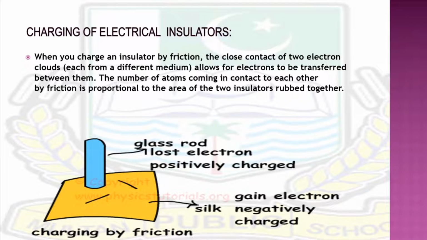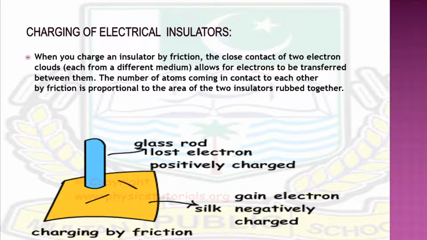Now we have to discuss the charging of electrical insulators. When you charge an insulator by friction, the close contact of two electron clouds, each from a different medium, allows electrons to be transferred between them.